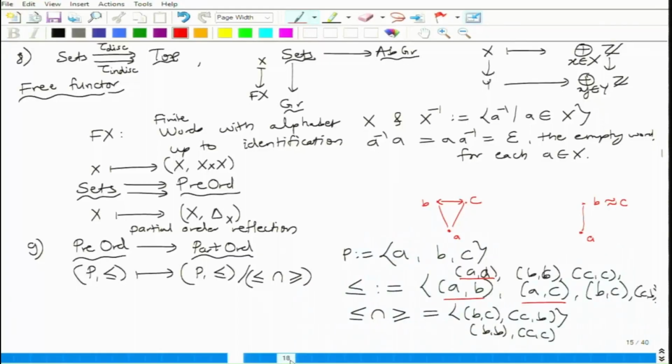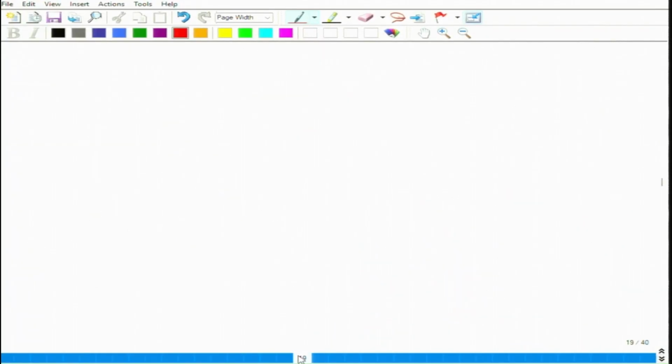But in order to freely send properties from one category to another, you need a slightly weaker notion, called categorical equivalence. So these two pre-orders are equivalent because, even though they have different numbers of objects, they have similar properties.